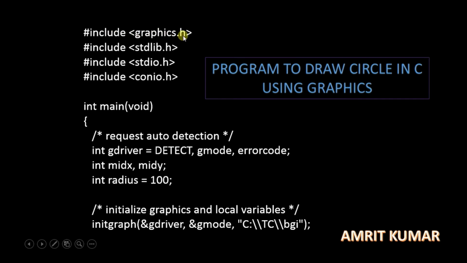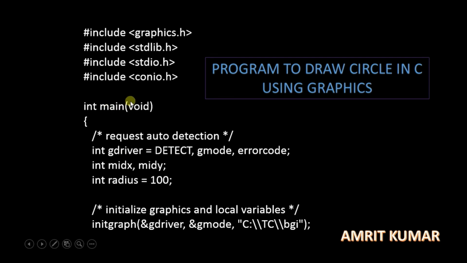After the declaration of graphics.h, I am declaring #include <stdlib.h>, #include <stdio.h>, and #include <conio.h>. stdio stands for standard input output header file and conio stands for console input output header file. After the declaration of these header files, I am working on the main function.